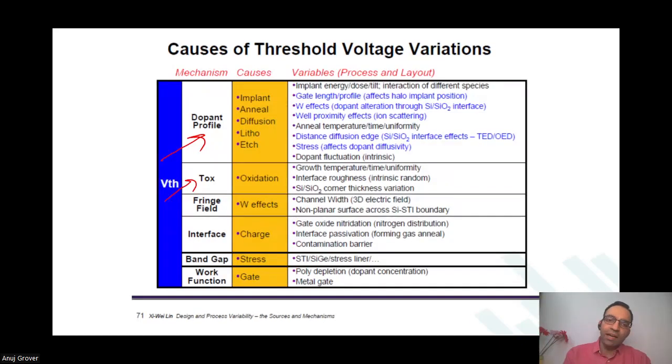All of that could be because of different reasons. Well proximity effects, so some are systematic, some are not systematic, and they all have to be modeled into your device equations, so that when you run Monte Carlo simulations at your end, you are able to see the impact of all of them collectively on your circuit behavior.